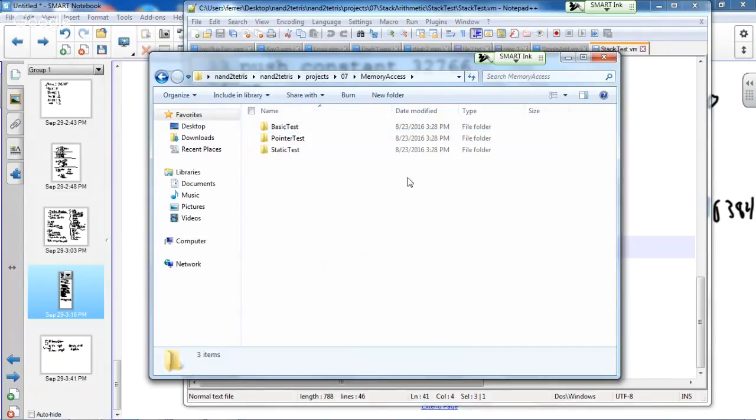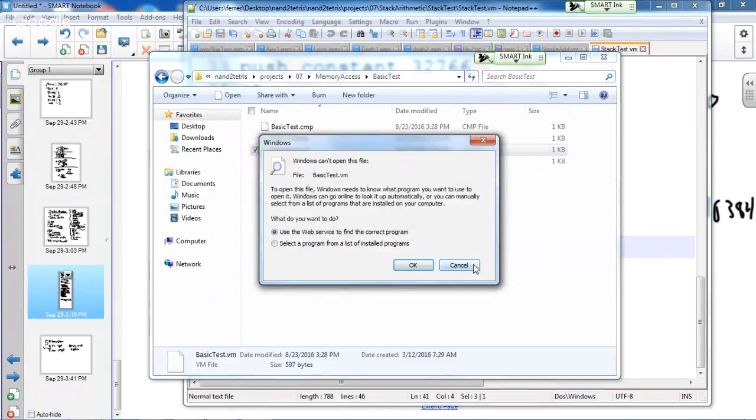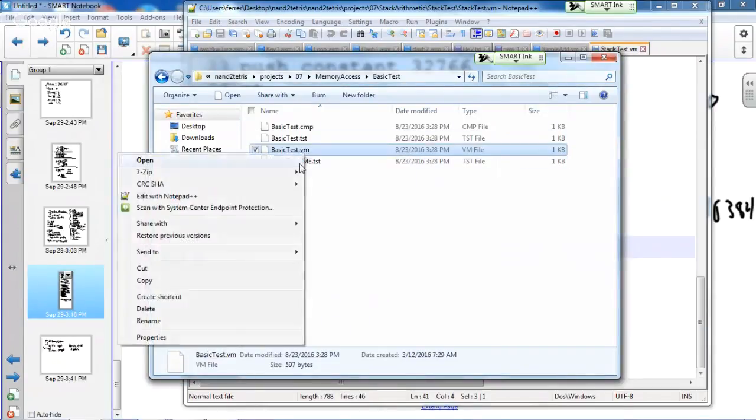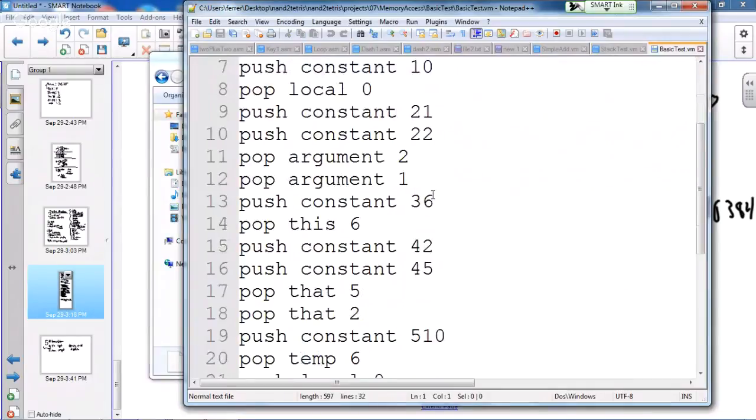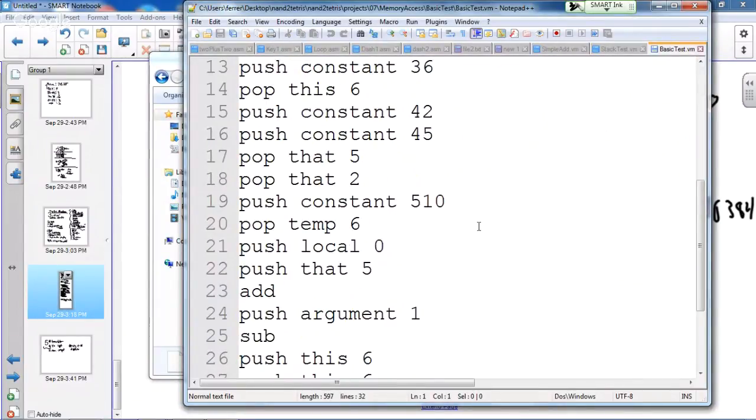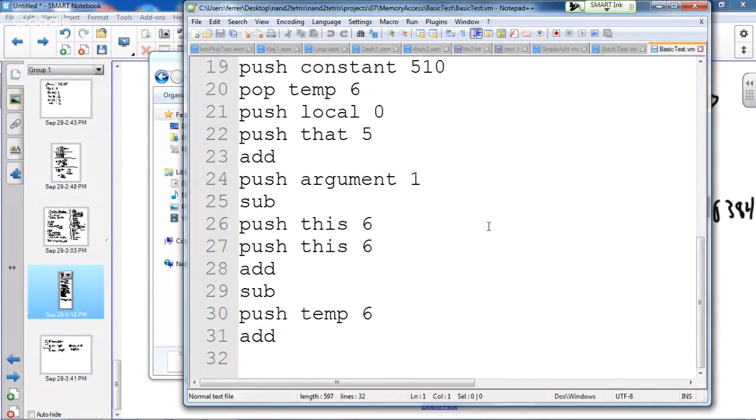So then, once you get the arithmetic going, you're going to do the memory stuff. And so basic test.vm, for example. Now this is going to start using local and this and that and temp and all those guys. Okay.